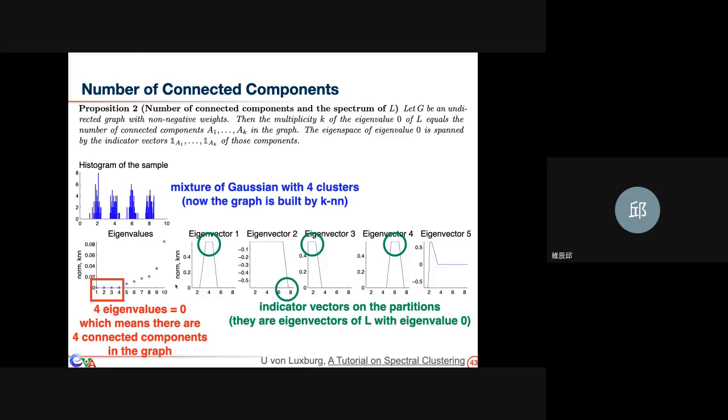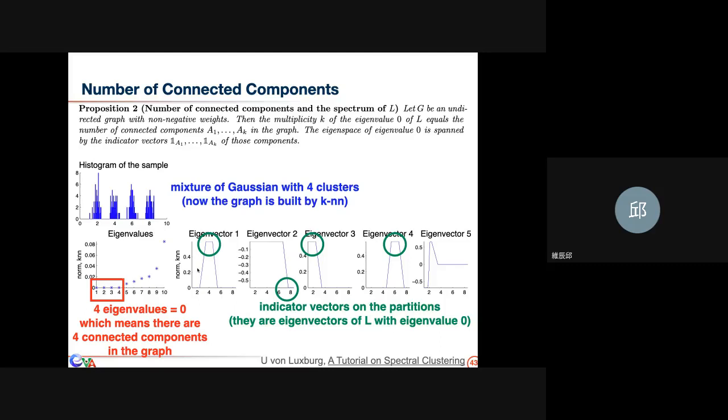Now according to the eigen decomposition of your graph Laplacian matrix, we have four eigenvalues equal to zero, and you can check the corresponding eigenvectors of these four eigenvalues and try to visualize them.